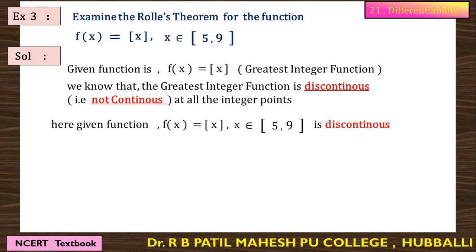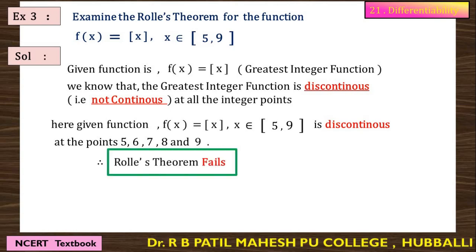So therefore here we got discontinuity. So therefore what we can say, Rolle's theorem fails. It is discontinuous at the points 5, 6, 7, 8 and 9, because these are the integers in between closed interval 5 comma 9. So therefore Rolle's theorem fails.